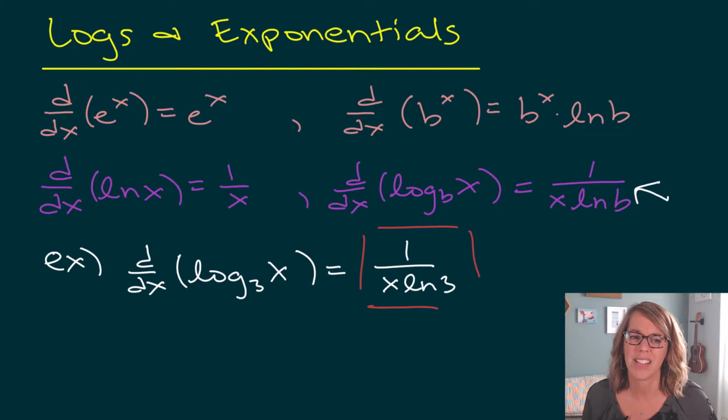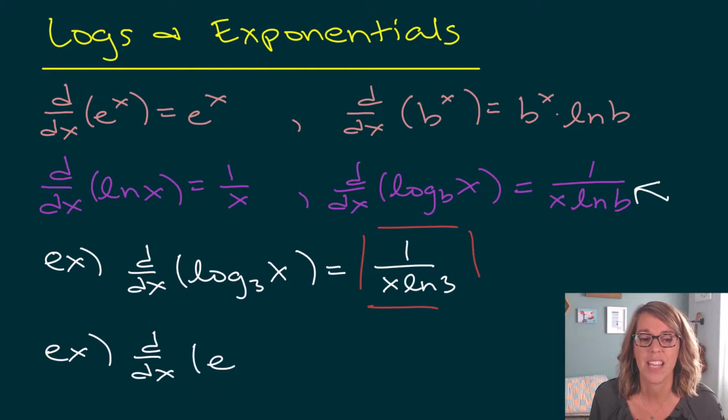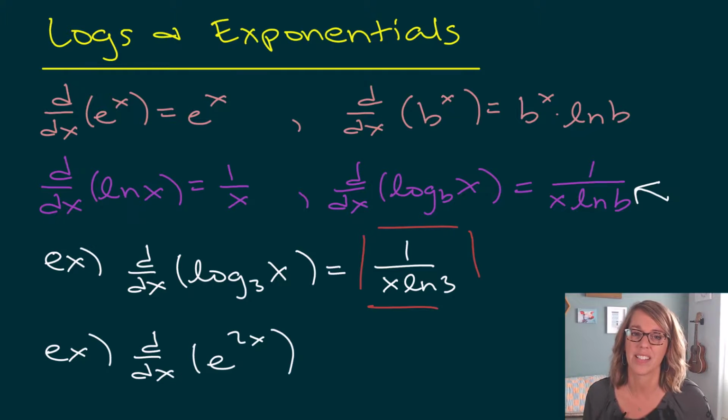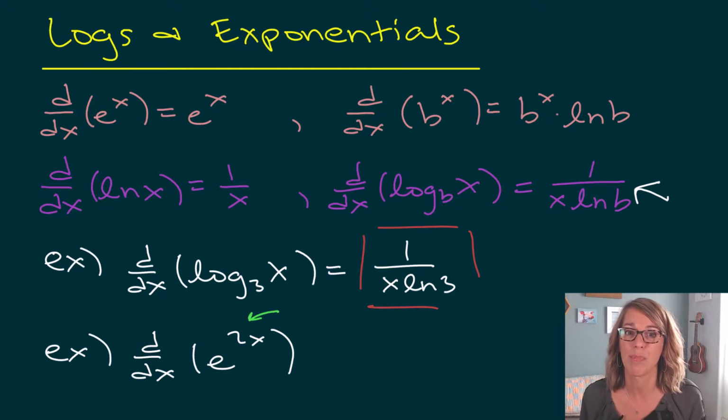I can also apply some chain rules here as well. So let's say that I'm taking the derivative of e to the 2x. I'm going to identify my inner and outer functions based on what happened to x first. Well, first x was multiplied by a 2. This is my inner function. And then it was exponentiated base e, so this is my outer function.